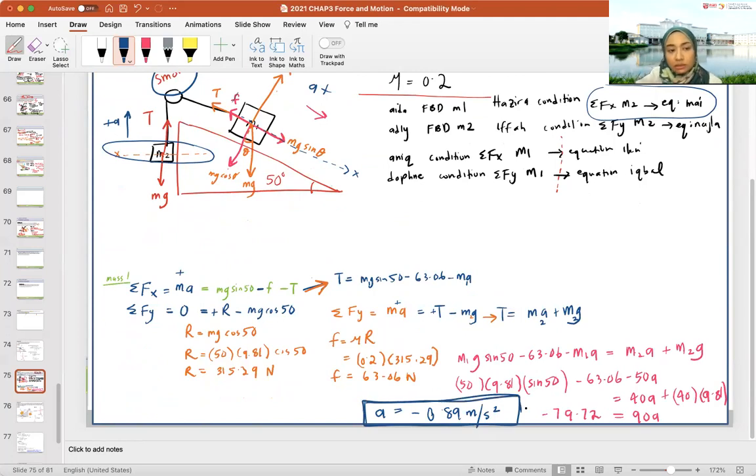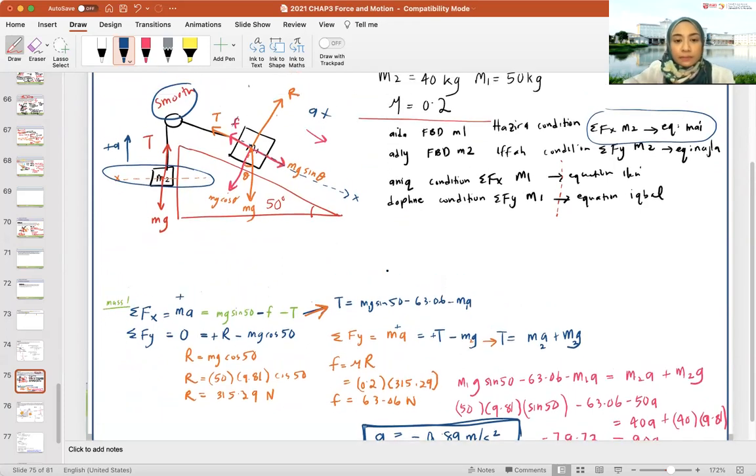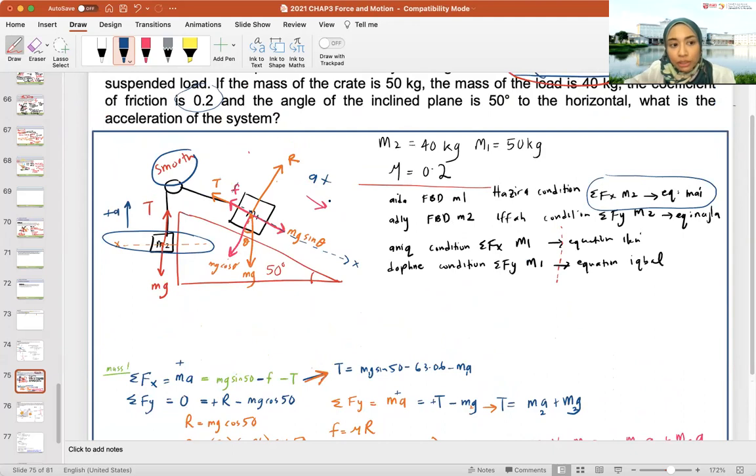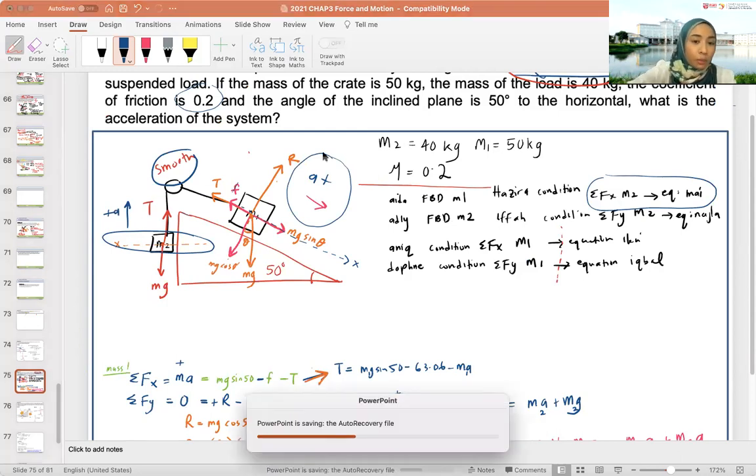So when our answer is negative, it means that our assumption in our free body diagram is terbalik. Okay, I'm going to repeat myself, please focus. If I get my answer for my acceleration as a negative value, it means that my assumption in the free body diagram is incorrect, in the sense that the motion is going in the opposite direction.